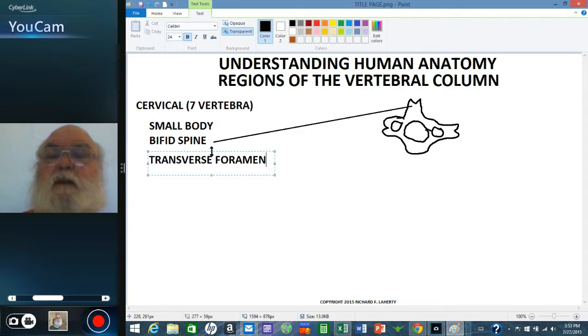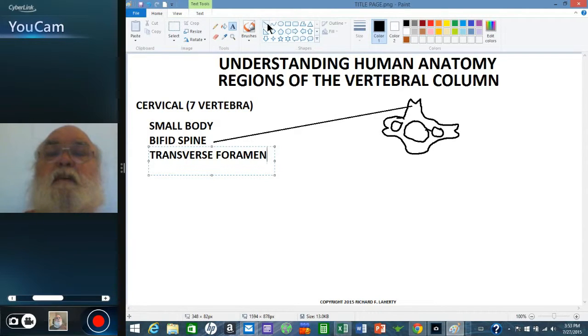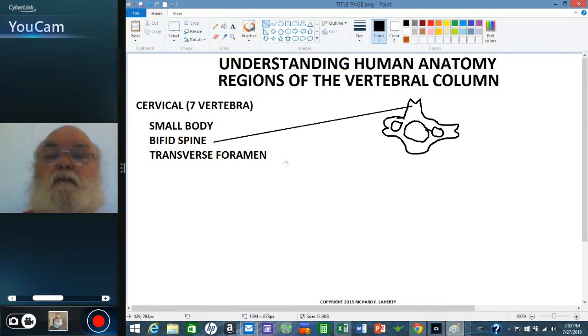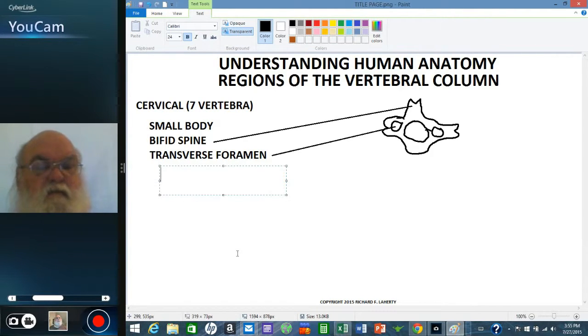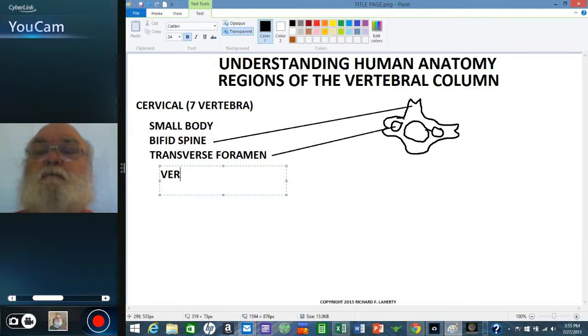And the transverse foramen is characteristic of cervical vertebra. And the transverse foramen has passing through it the vertebral artery and vein.